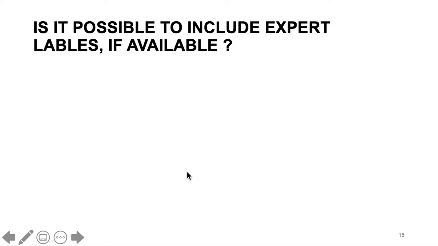The next question we try to answer is whether, if expert data is available, for example, if an operator has a look at the logs and says, okay, this log is misclassified, can we include this labeled data in our method?